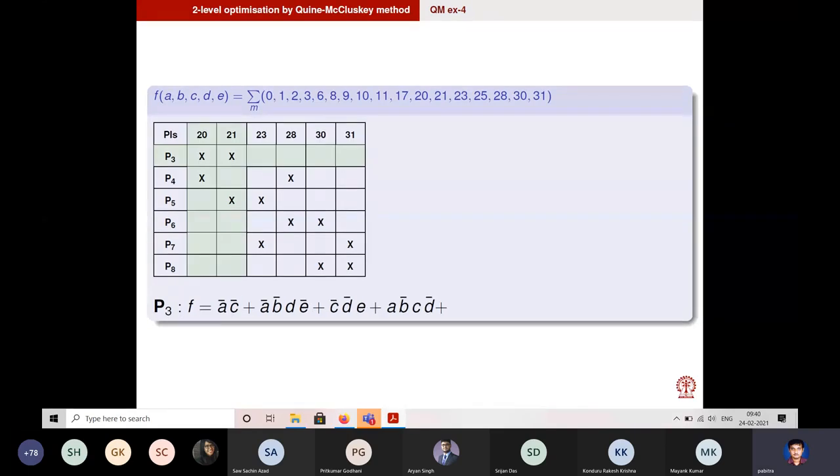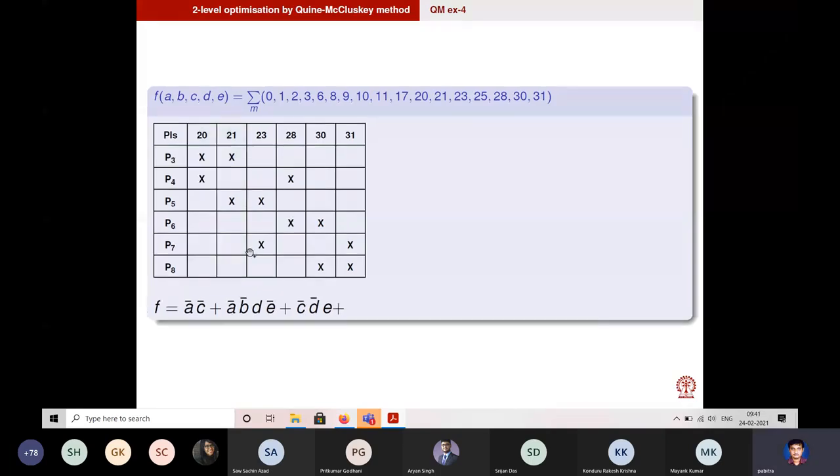All right. So now let us look at the columns. The moment I keep P3, columns 20 and 21 both get dropped, and P3 gets dropped.